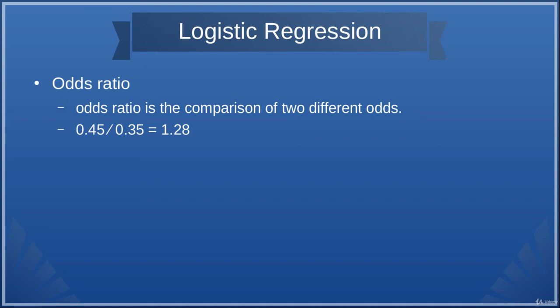Odds are the expression of relative probabilities, and they're often expressed as a number to 1 or 5 to 4, 6 to 3, whatever you want to call it. And the odds ratio is the comparison of two different odds. So before you can have an odds ratio, you must first have two odds. And before you can have odds, you must first have probabilities. I guess that's how the chain works out.